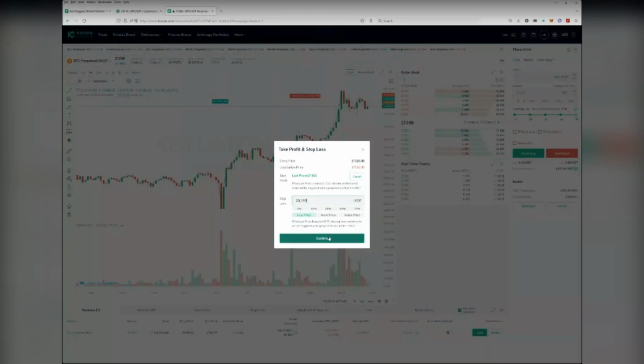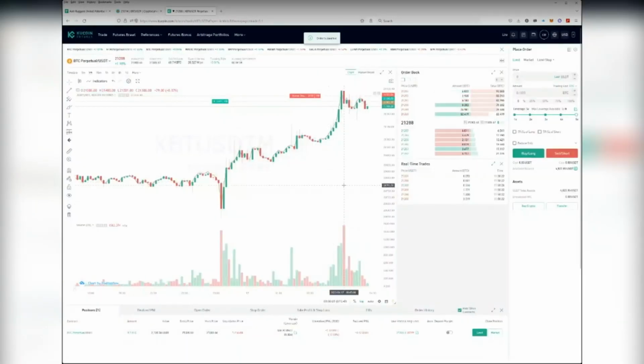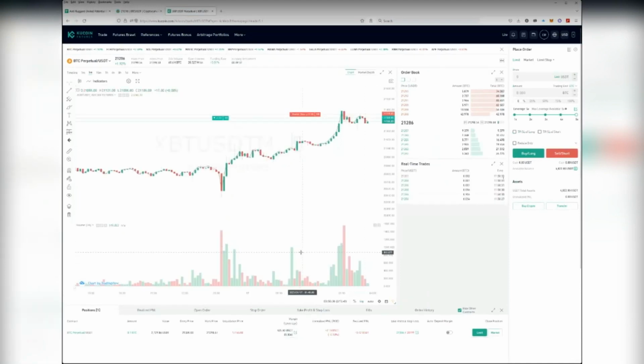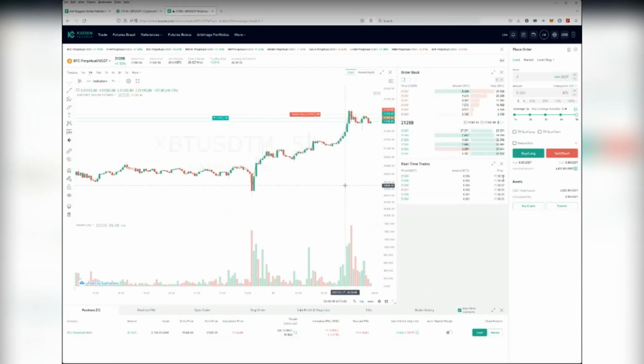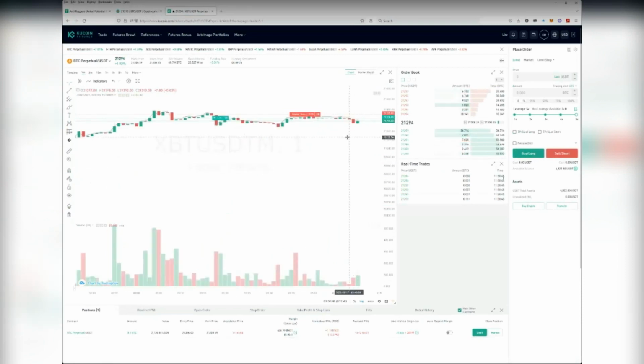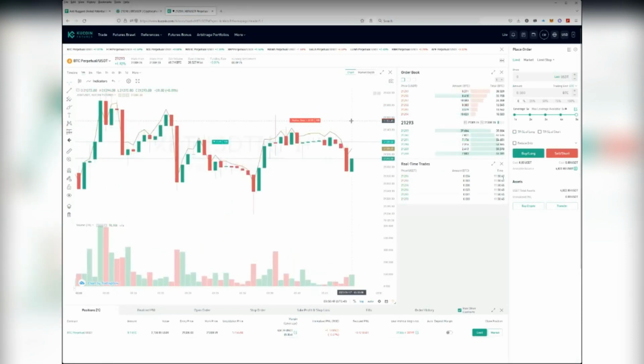21.99, something like that. I'm not really sure why it's not updating. Kucoin's kind of glitchy, but it's showing my take profit line.